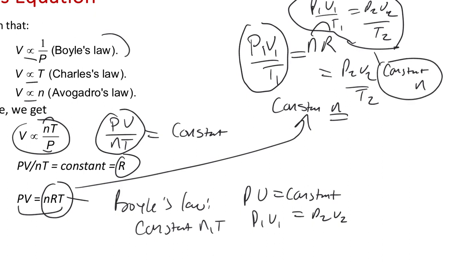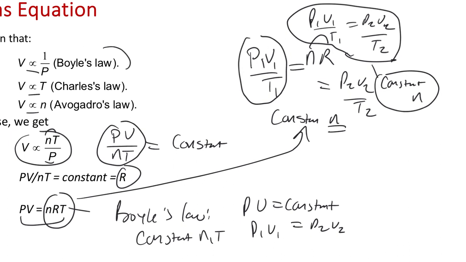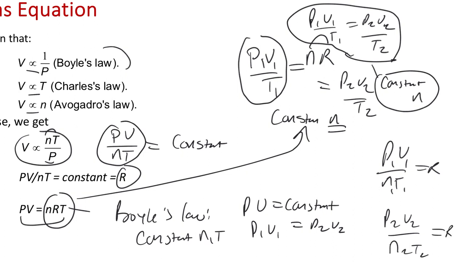So we can write relationships between 2 or 3 of the variables, or even all 4 of the variables. Like if all 4 of the variables are changing, then you just have PV over nT equal to R. And if you change all 4 of the variables, they should still be equal to R. So if you have P1 V1 over n1 T1 equal to R, you change all these variables for the gas sample, they equal R as well.